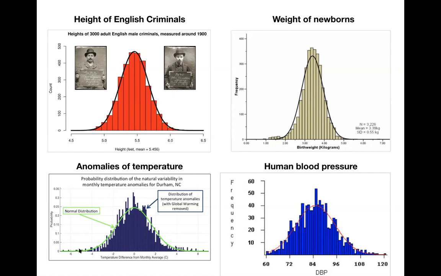Right? So this is a more recent example showing the probability distribution of the natural variations in the temperature anomalies from Durham, North Carolina. Most of the variations are around zero, and you have both positive and negative temperature anomalies, with the global warming effect removed from the data because the temperature actually goes up.